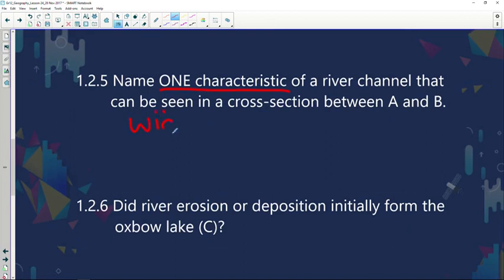The width. We can always look at the bank shapes, like for instance, the concave shape on the cut slope, and then obviously how deep it is as well.